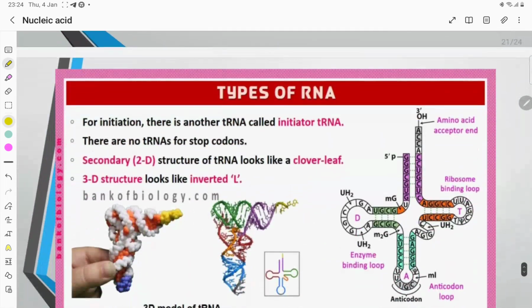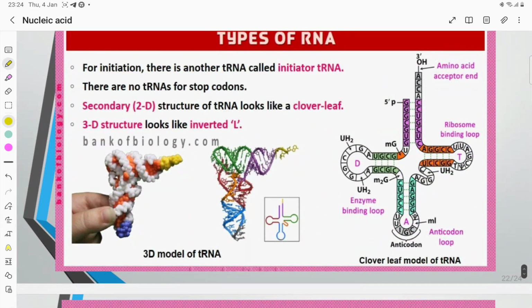Okay, then as I told earlier, the tRNA is particularly present in the cytoplasm, helping transport the amino acid from cytoplasm to the ribosome. And mRNA carries the message from DNA in the nucleus to the cytoplasm, and rRNA, ribosomal RNA, indirectly helps in protein synthesis. Okay, and they are found more abundantly in the nucleus.